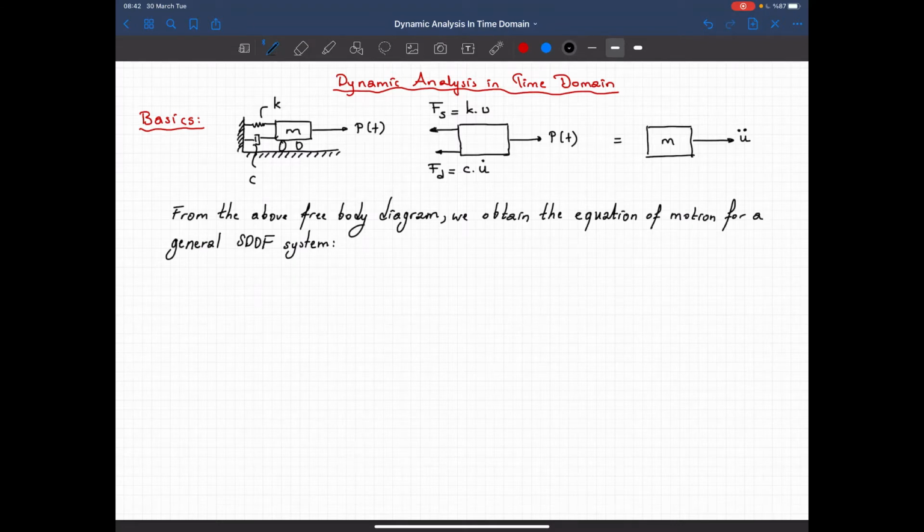That would be P(t) minus elastic force k times u minus damping force c times u dot, and that should be equal to m times u double dot, and rearranging this equation will give me the equation of motion for a general single degree of freedom system.